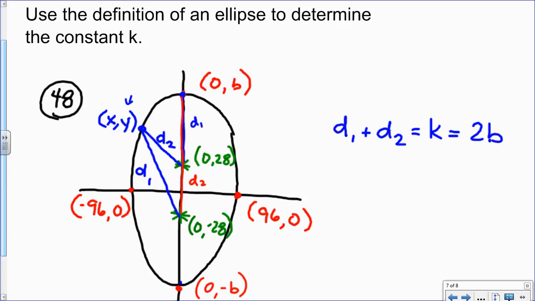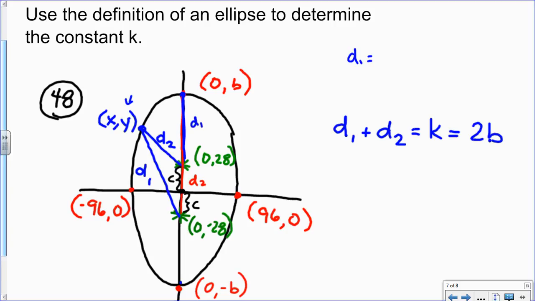So let's talk about what distance 1 and distance 2 are. Here's my center, and the distance from the center to the foci is c, and this is also c. Distance 1, this part right here in blue, is b minus c, because from the center to this point is b.